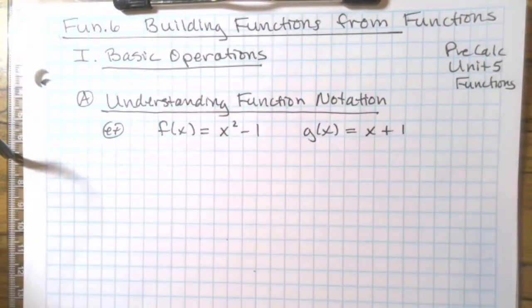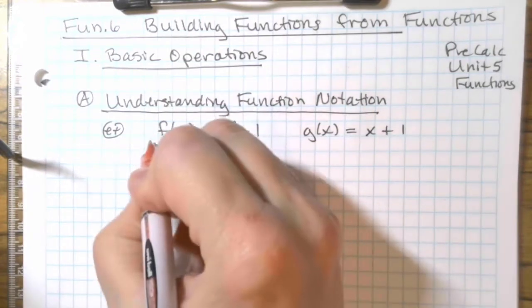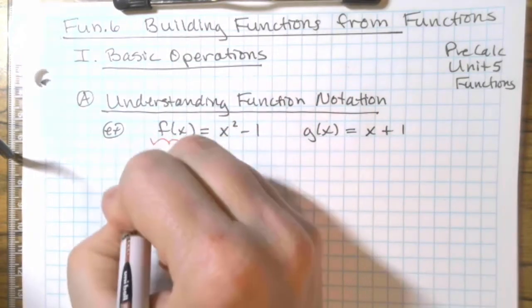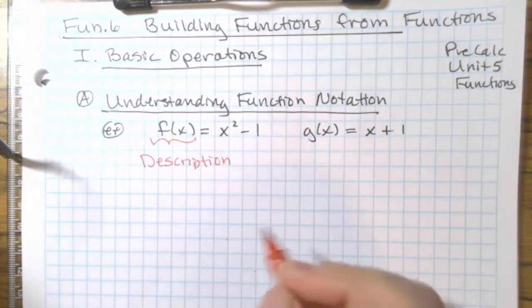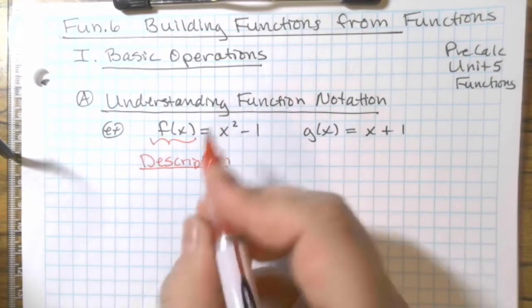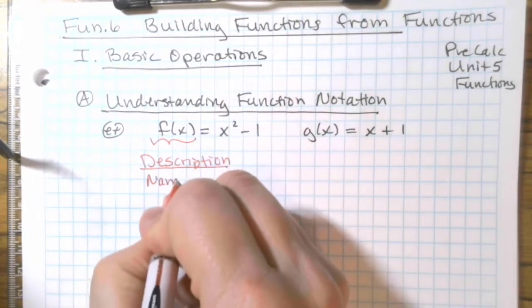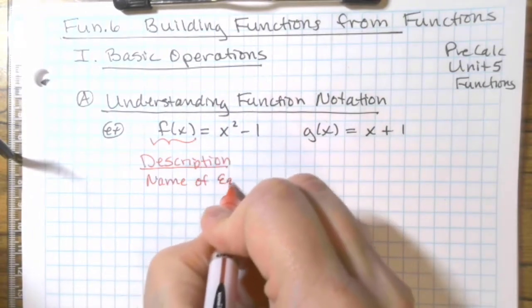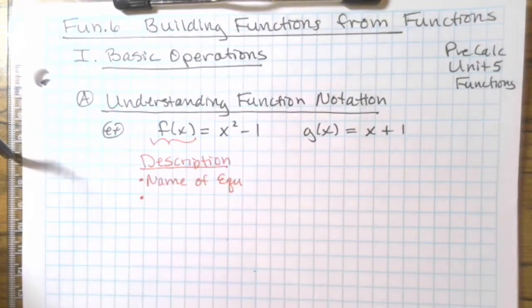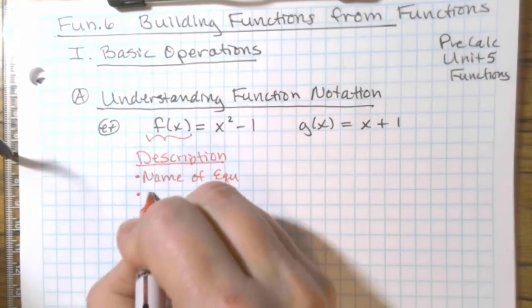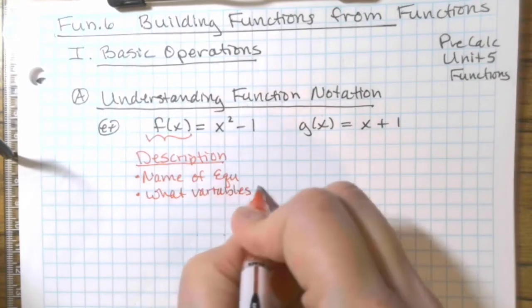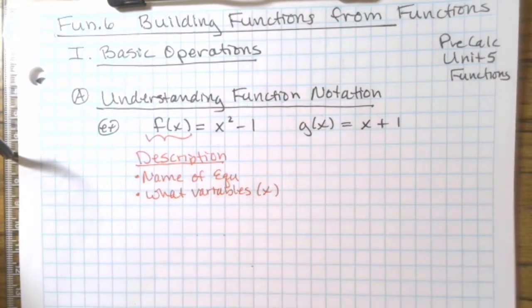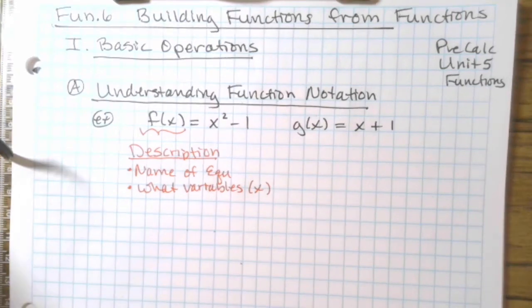All right, the first thing you need to understand is that the left side of a function expression is a description. This description tells you the name of the equation, and it tells you what variables it's going to have. In this case, only x. Sometimes it has numbers, sometimes it has x and y.